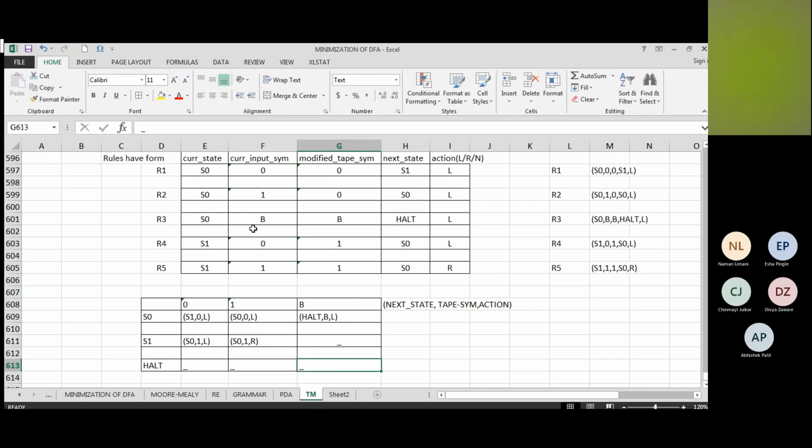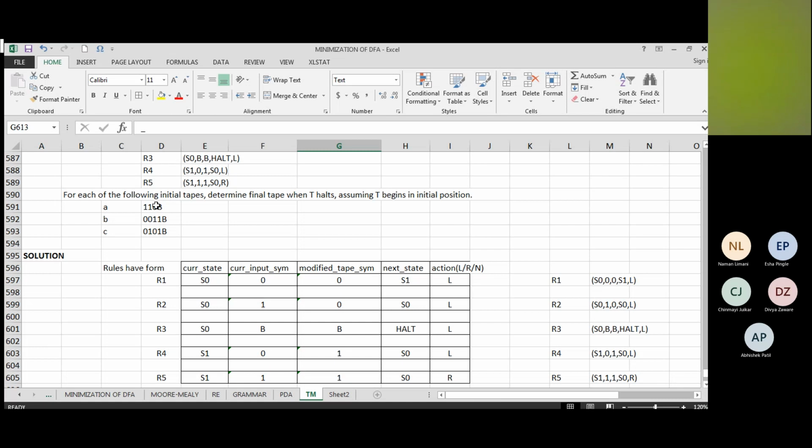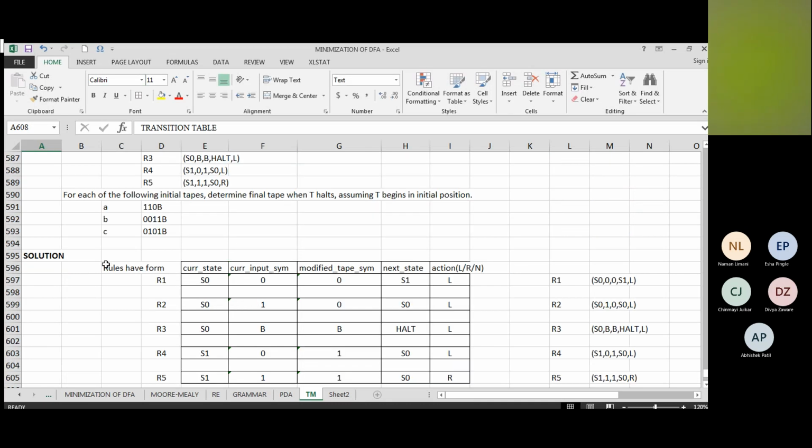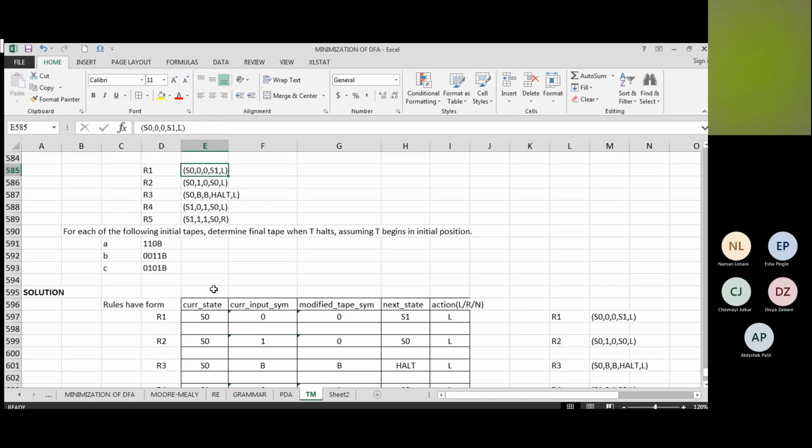So from these rules, either you proceed for this processing of ABC or you construct a transition table likewise. Only thing you should remember is that the format of specifying these rules is current state, current input symbol, you get modified or tape symbol, next state, action.